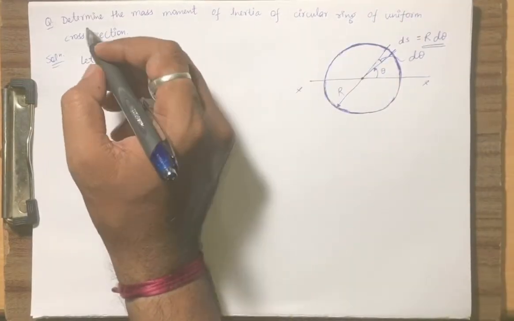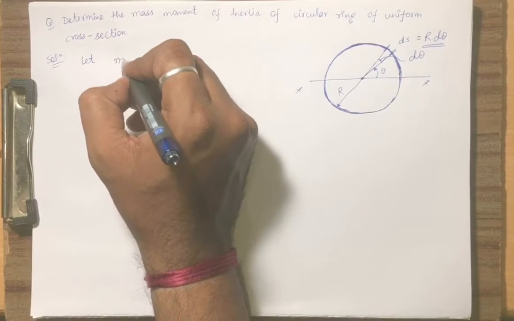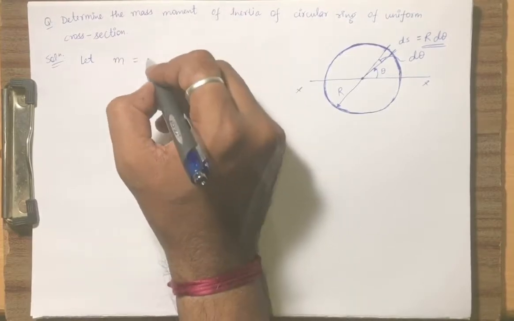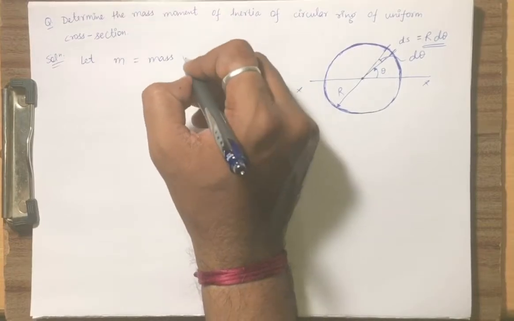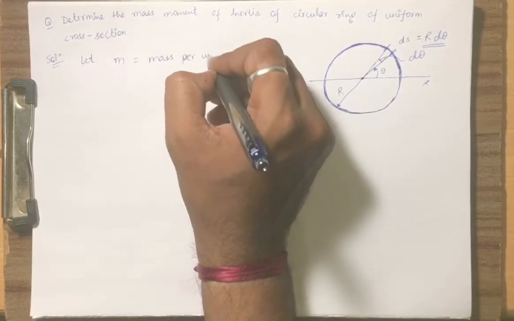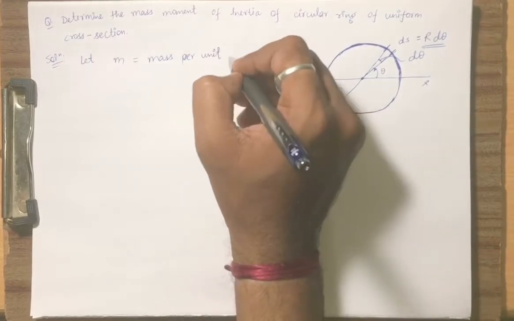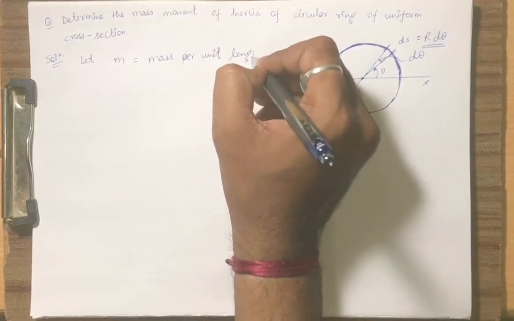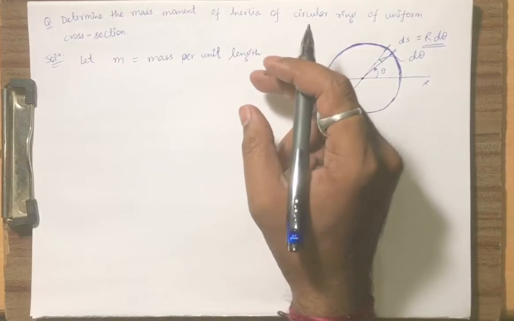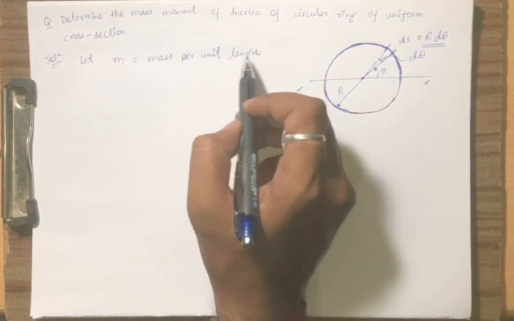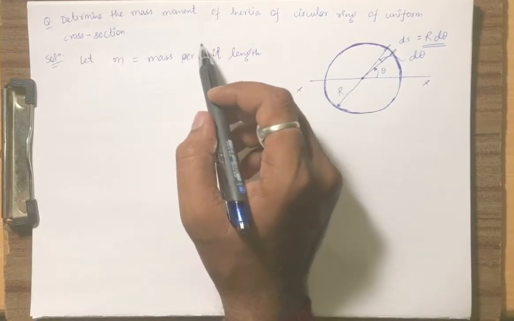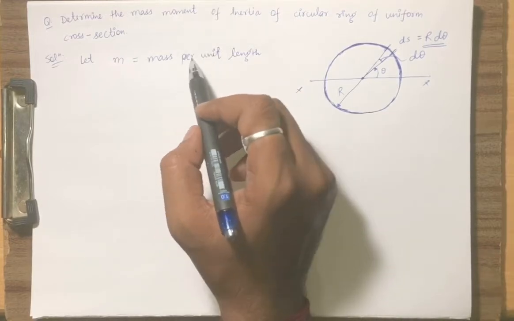So let m be the mass per unit length. Sometimes you will be taking mass per unit length, sometimes mass per unit area, and sometimes we will be taking mass per unit volume.